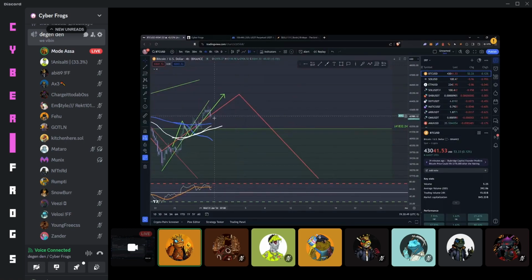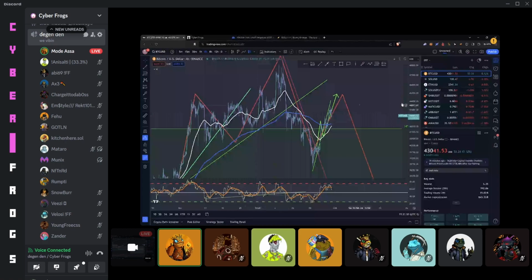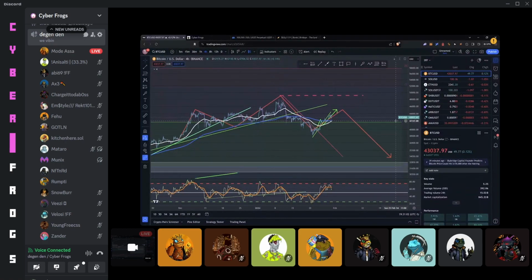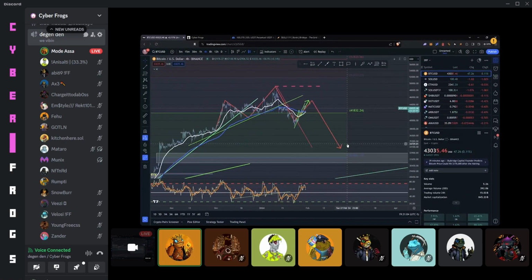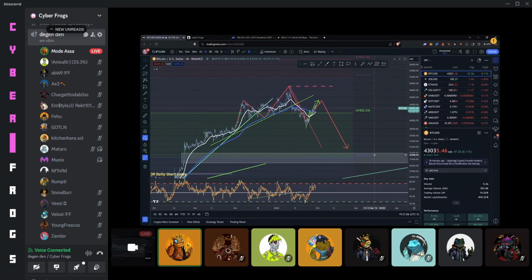If we fail to hold support, get rid of a couple of these little squigglies, if we fail to hold support, this could complete our head and shoulder pattern, drop us back down.